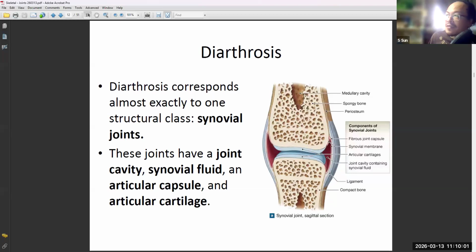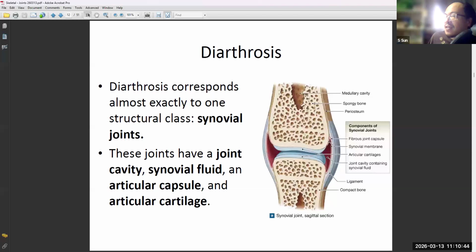So even though these are two different bones, their outer membranes are continuous through the capsular membrane, and the outer layer is continuous from the periosteum. The inner layer is different. We have basically two layers, outer and inner. The inner layer is called the synovial membrane. The synovial membrane can secrete fluid into this cavity.